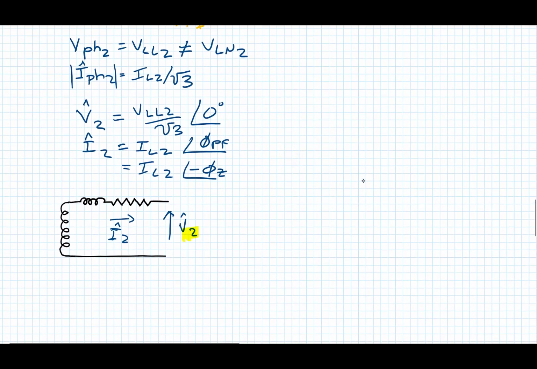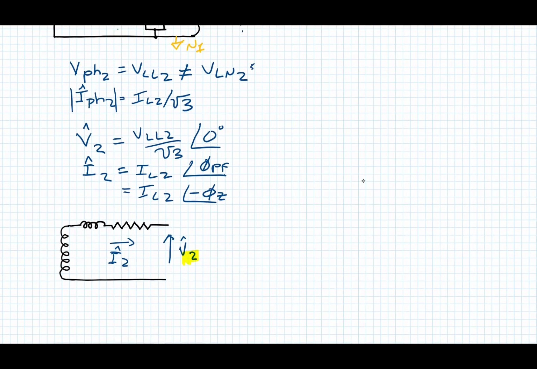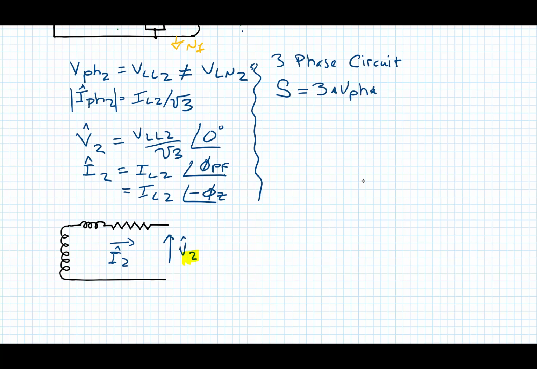And let's check this idea in terms of the power calculation. For the three-phase circuit, the total power S, and I'm just going to talk about it in terms of magnitude, would be 3 times V phase times I phase.